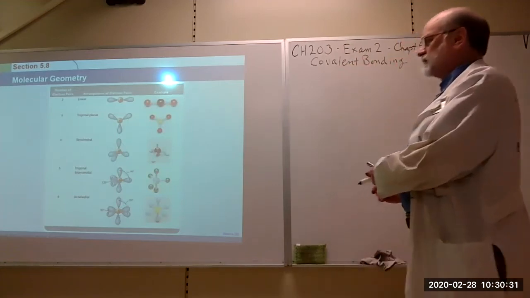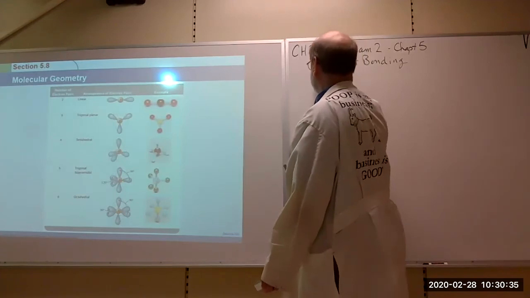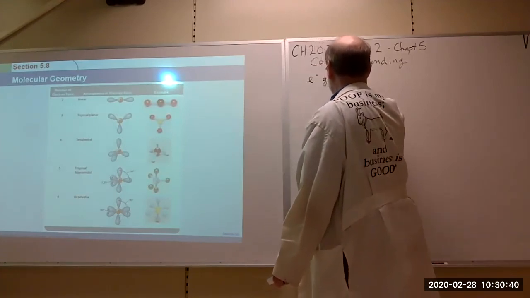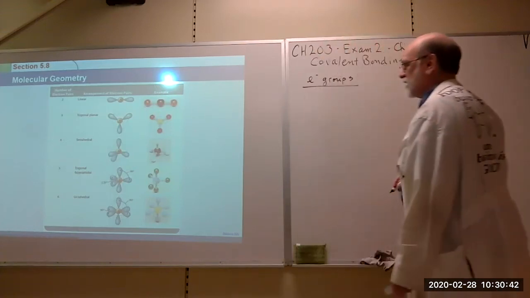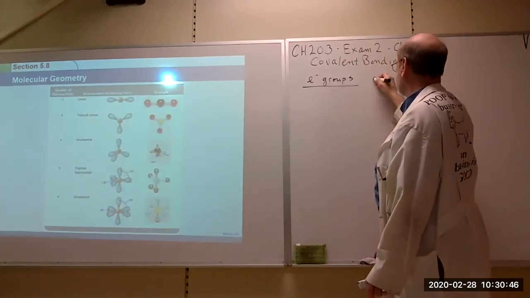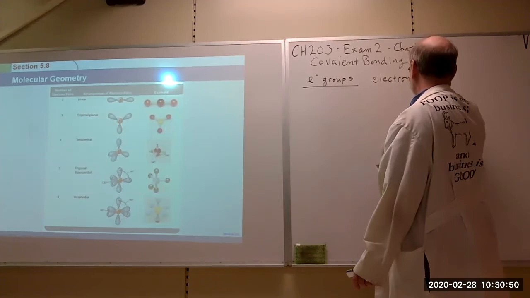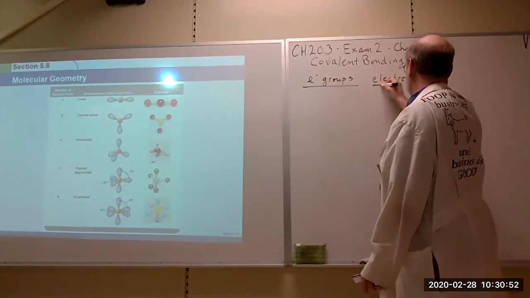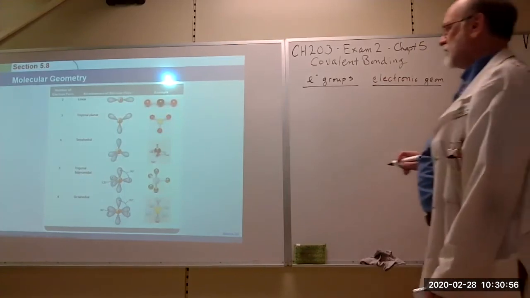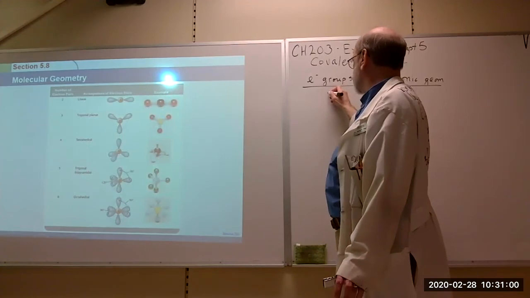But if we consider the number of electron pairs, or I like electron groups, in this column, and then the electronic geometry here, then we can have 2 groups.